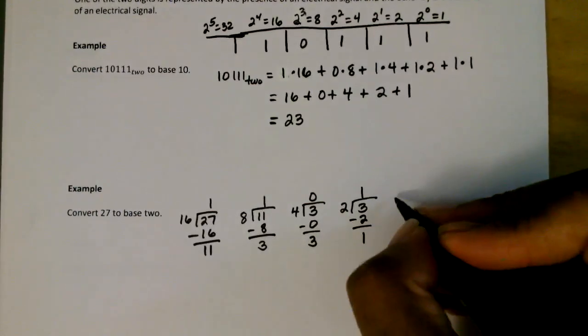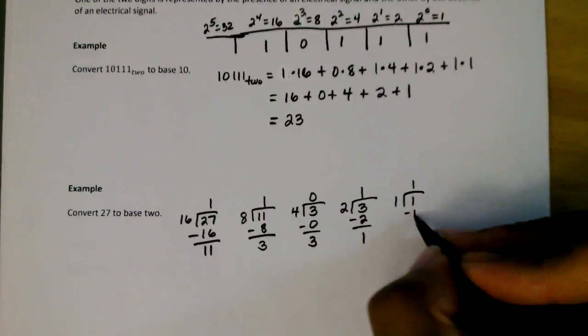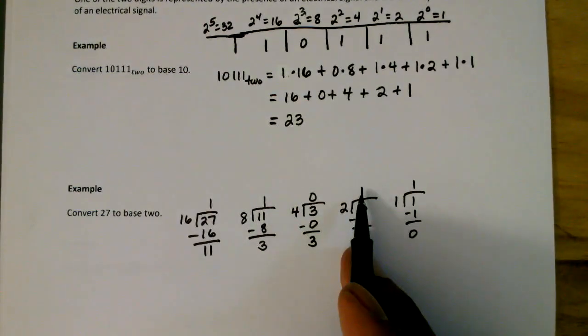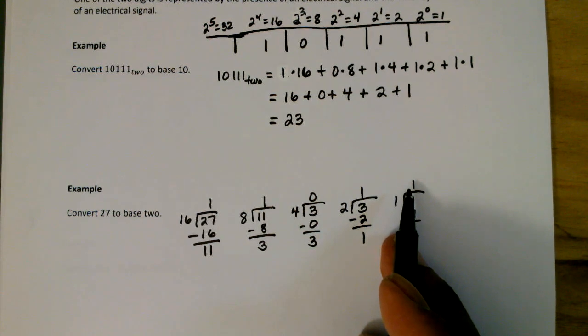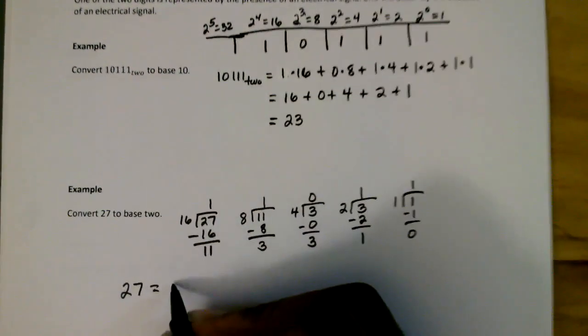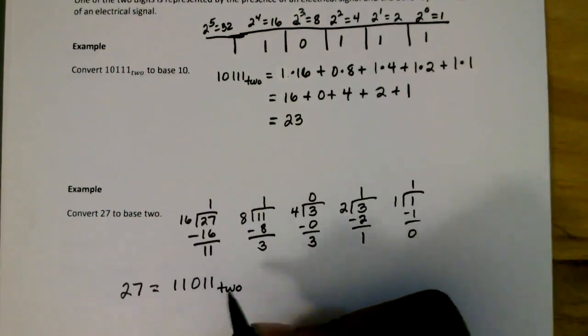And of course, the remainder of 1 will be divided by 1. 1 goes into 1 1 time with a 0 remainder. So these numbers up here at the top represent what 27 will be in base 2. That's going to be 1 1 0 1 1 base 2.